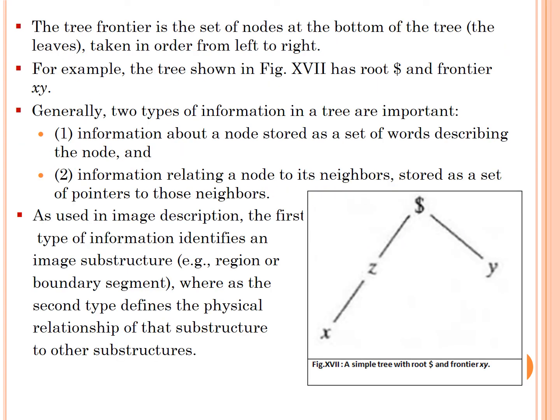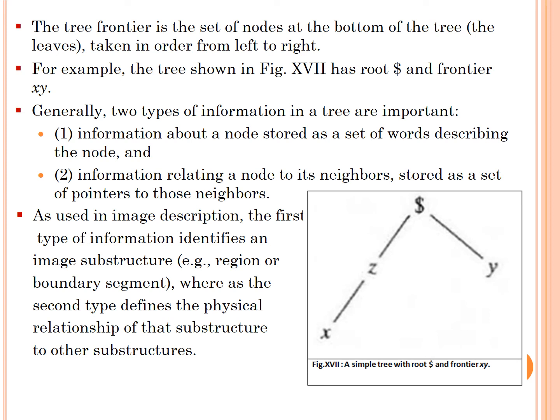The tree frontier is the set of nodes at the bottom of the tree, the leaves, taken in order from left to right. For example, the tree shown in this figure has root $ and frontier xy. Generally, two types of information in the tree are important. Number one, information about a node, stored as a set of words describing the node.